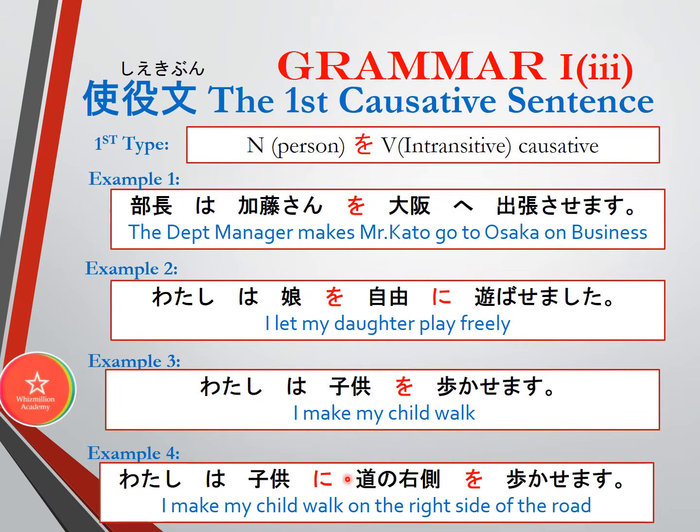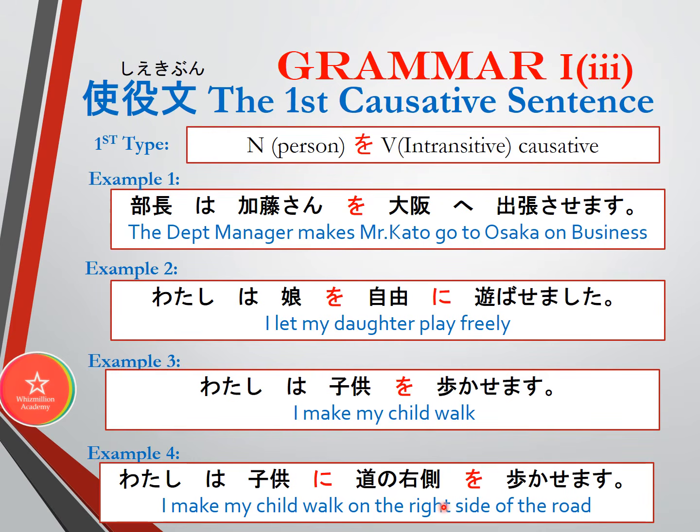Over here, this is a noun, and he is walking on the road, on this area. So the particle here becomes を. When that particle becomes を, then the particle attached to the person receiving this instruction changes to に. Always remember, if this is a location and you're walking on that location, the particle here is を.